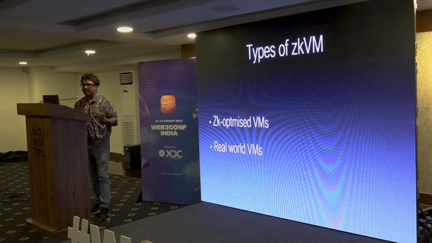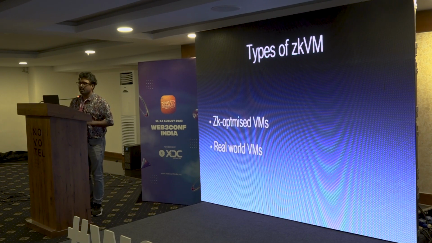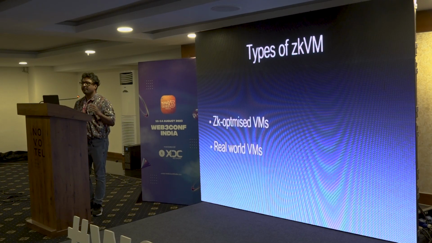So Cairo and Miden fall into the zk optimized VMs, because they are optimized for zk, not for the EVM. Whereas the real world VMs are what we call EVM compatible or EVM equivalent virtual machines. They fall under real world VMs, like Polygon Hermez, which is a zkEVM because it understands the Solidity bytecode to execute.